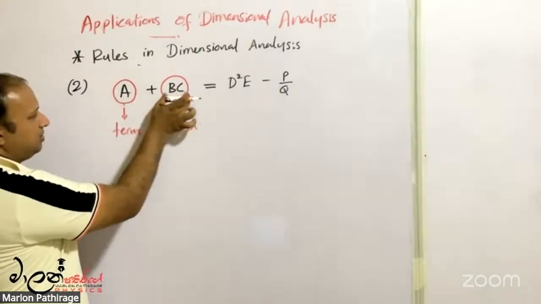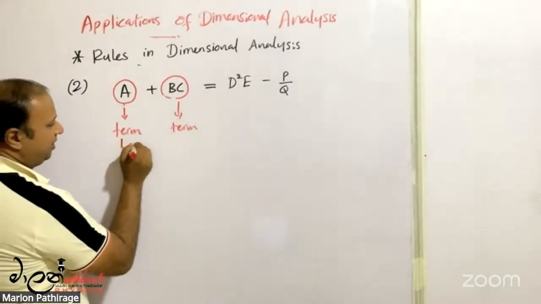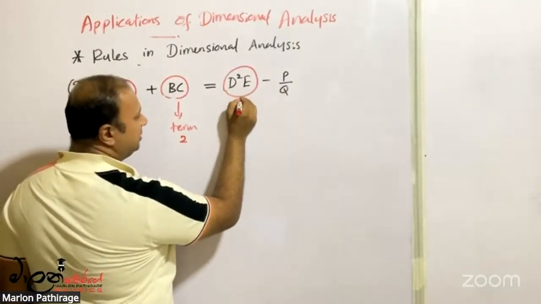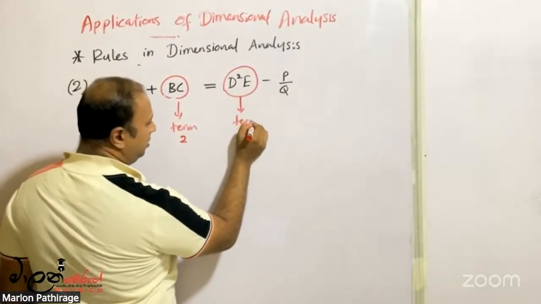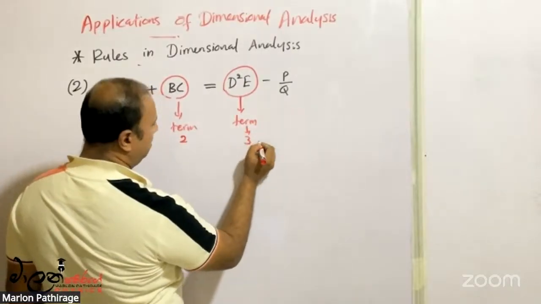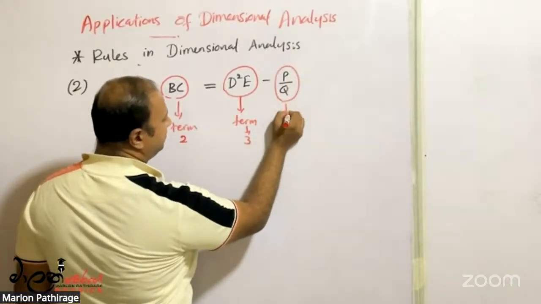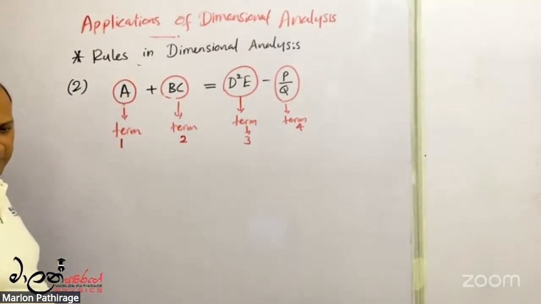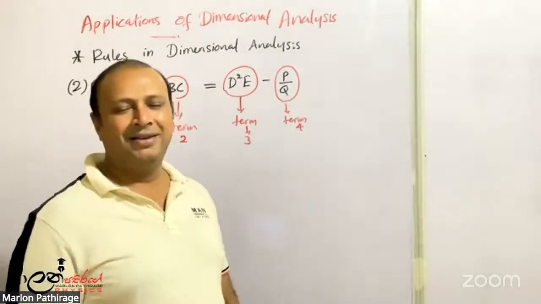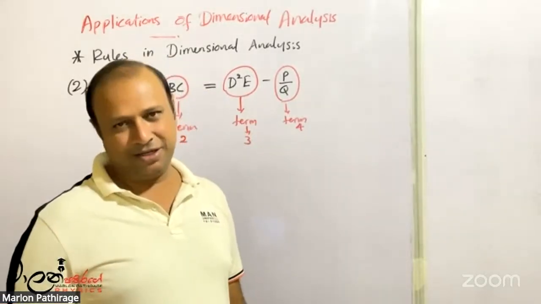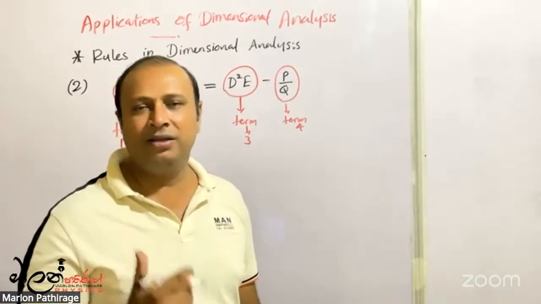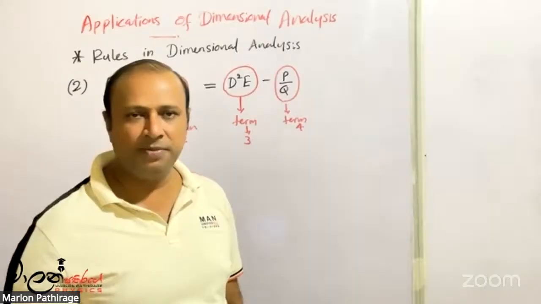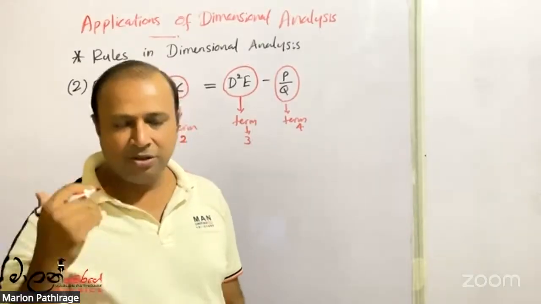So this is term 1, this is term 2, this is the third term, term 3, and this is term 4. Therefore, we can determine what the terms in this equation are. All the terms are separated by addition or subtraction.